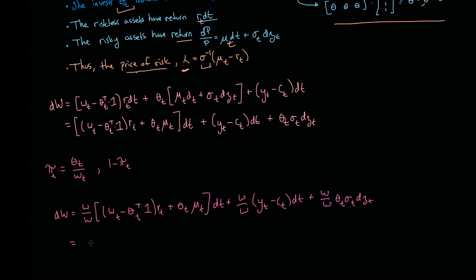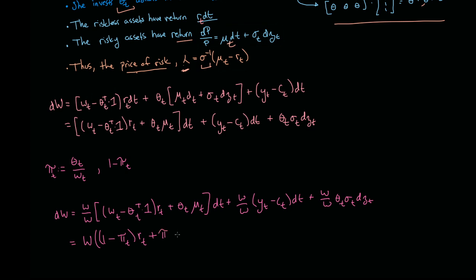So in the first term, we're going to have a W on the outside, and then we'll send in the 1 over W. So we'll get 1 minus pi_t r_t. I don't have enough parentheses.